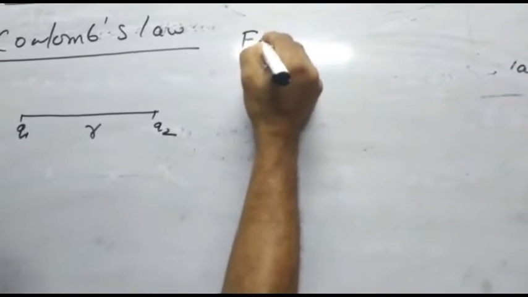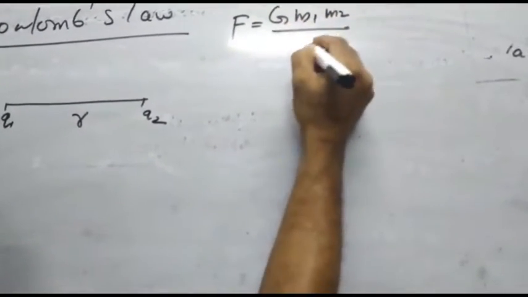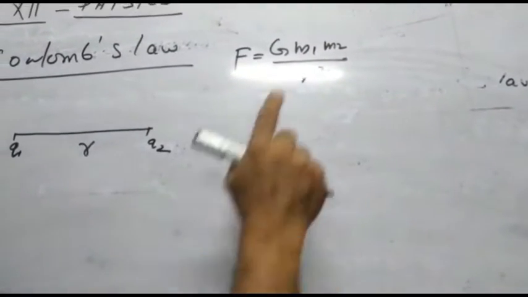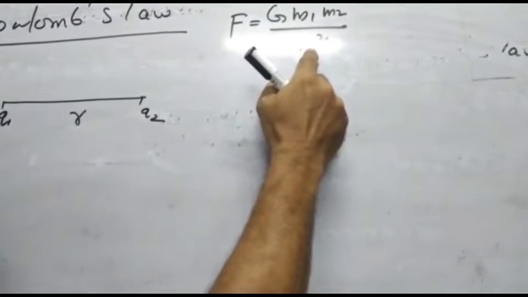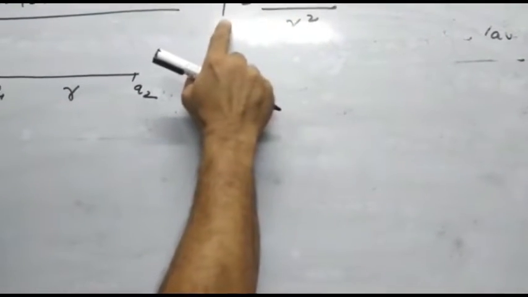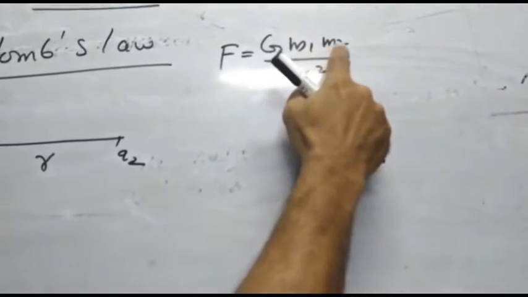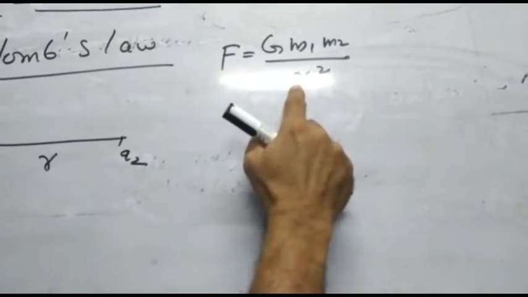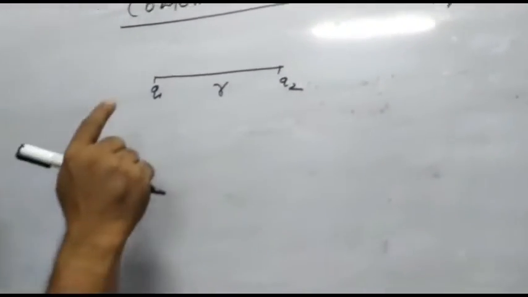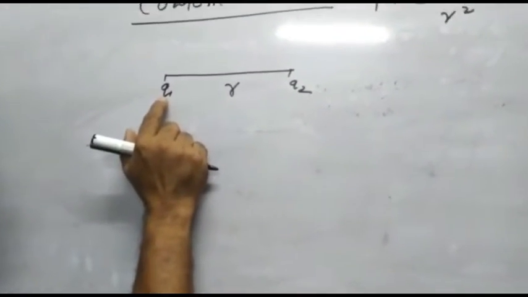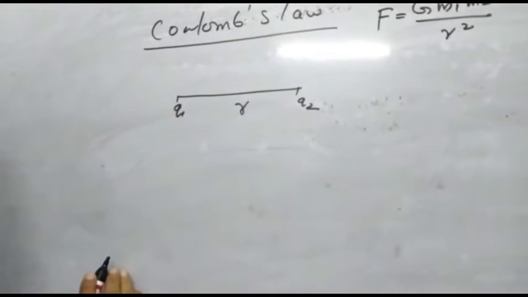According to that law, F equal to G m1 m2 by r square. Here m1 and m2 are the masses and r is the distance between them, which means that the gravitational force between two objects is directly proportional to the product of their masses and inversely proportional to the square of the distance between them. Similarly, in this section there are two charges q1 and q2 separated by a distance r.